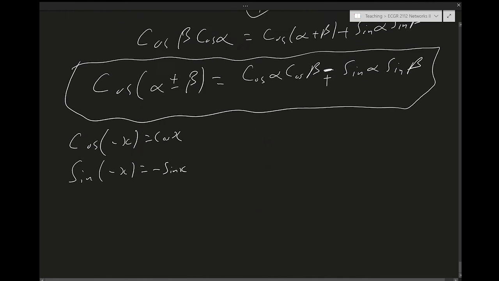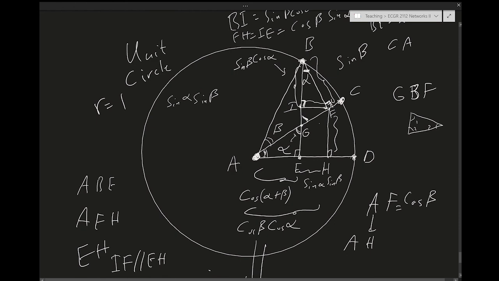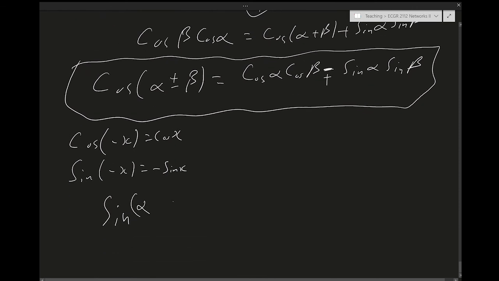So we've proved the second formula by looking at this line BE. And then we find it in general by using the even and odd property of the sine and cosine.